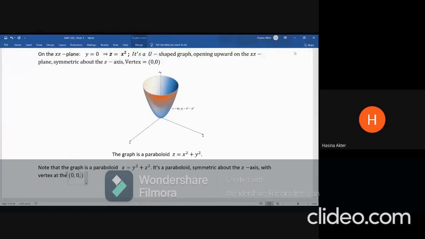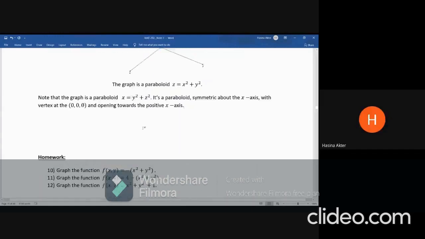So with the vertex at the origin, and opening, because we have two different portions of the x-axis, opening towards the positive x-axis. Can you graph that one then? Is it difficult to graph for us?